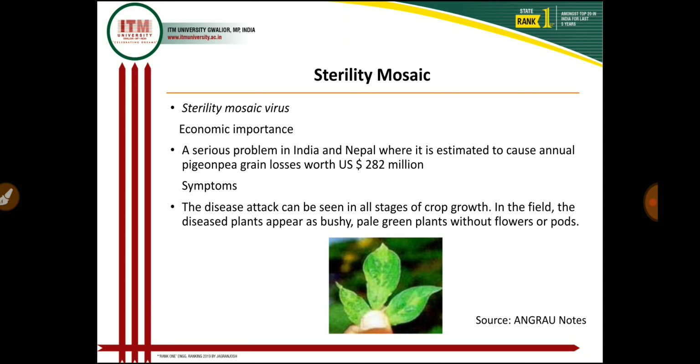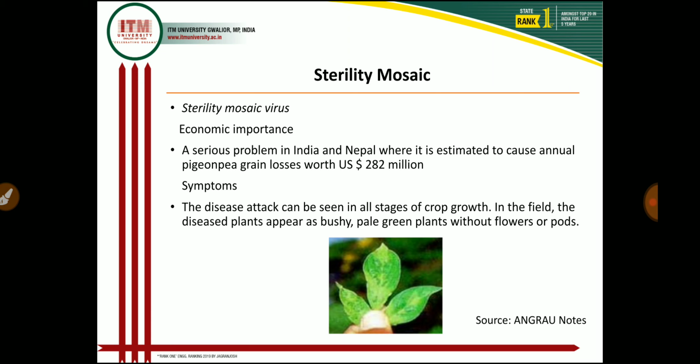The leaves of these plants are small with a typical light and dark green mosaic pattern, and symptoms initially appear as vein clearing on the young leaves, and in severe cases the leaves become smaller and cluster near the tip because of shortened internodes and stimulation of the axillary buds. The plants are generally stunted and do not produce pods. Plants infected at an early stage, up to 45 days of crop growth, show near complete sterility and yield loss of up to 95%.